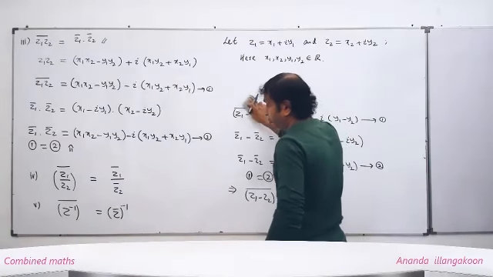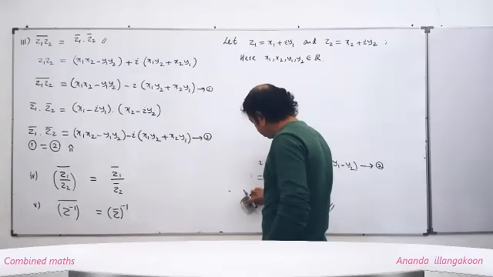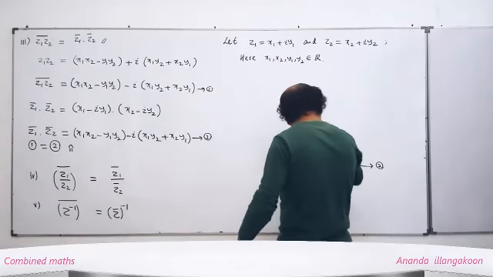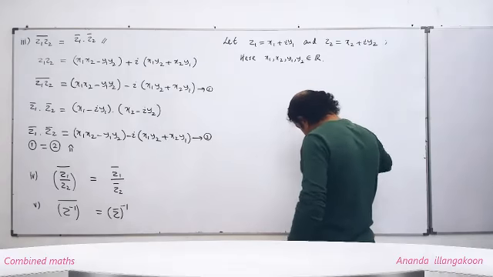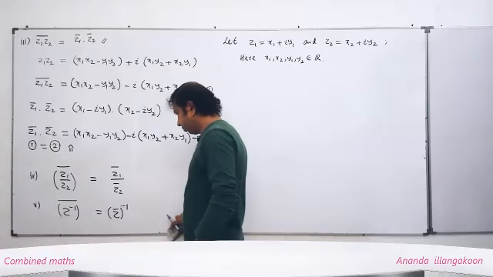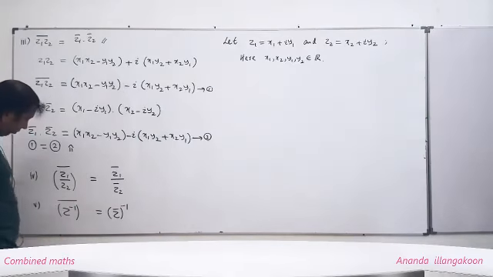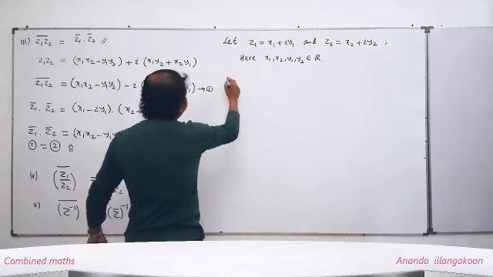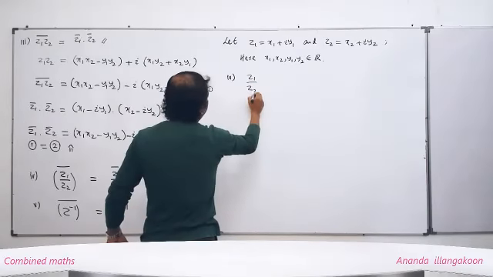Take the number 4 people. Fourth one is this. First, we'll find this Z1 divided by Z2.